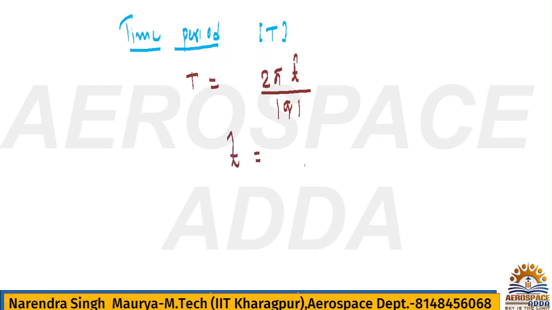T cap is nothing but m upon rho V S, where T is the airplane density factor.